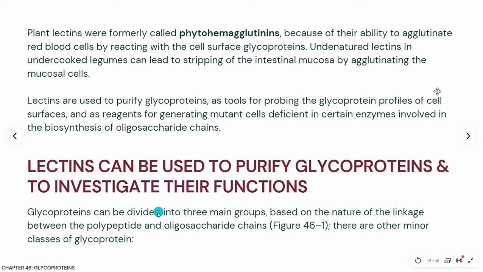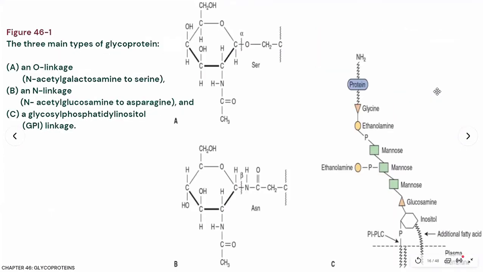So we said glycoproteins can be divided into three main groups based on the nature of linkage between the polypeptide and the oligosaccharide. You remember that? Oxygen link, nitrogen link, and GPI link. So there you are. Oxygen link, nitrogen link, GPI link.